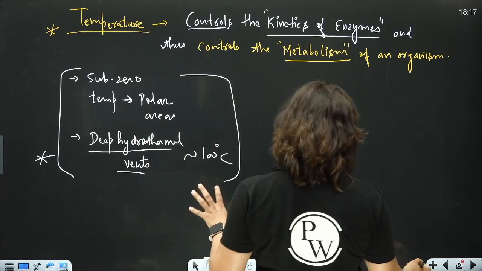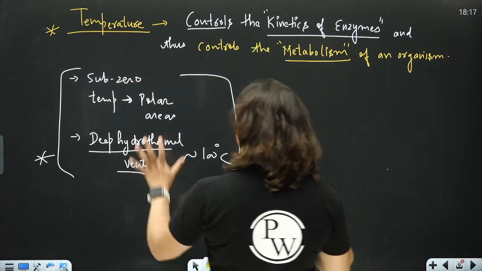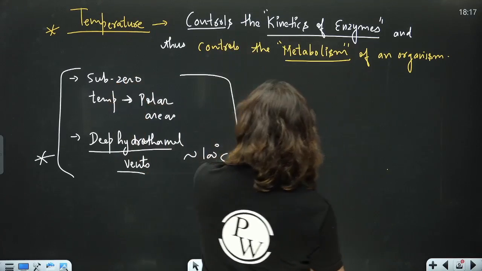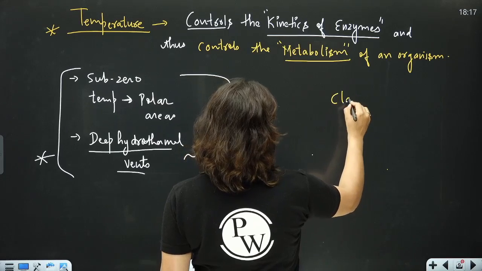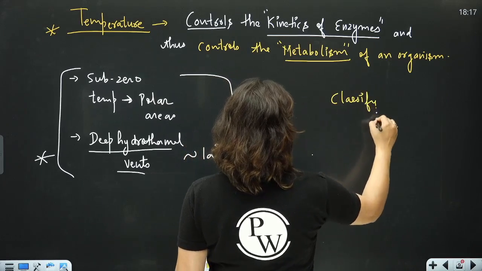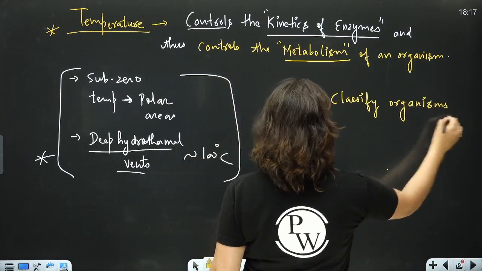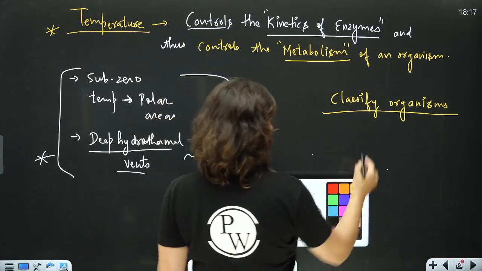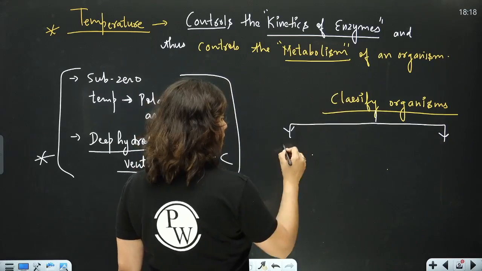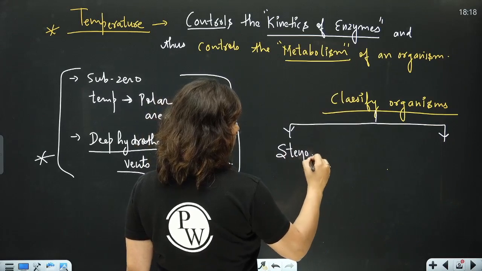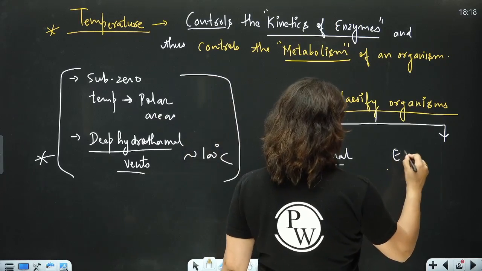So the temperature decides the kinetics of enzymes, and based on the temperature, we can classify organisms into two categories. And those are stenothermal organisms and eurythermal organisms.